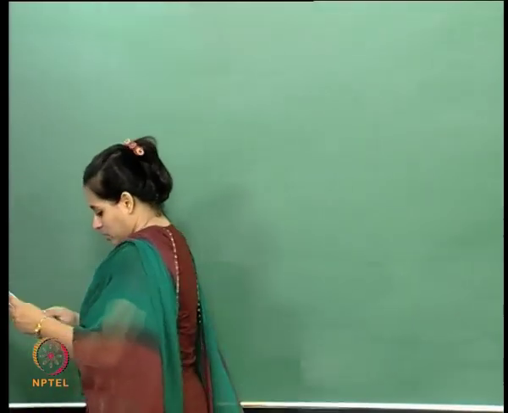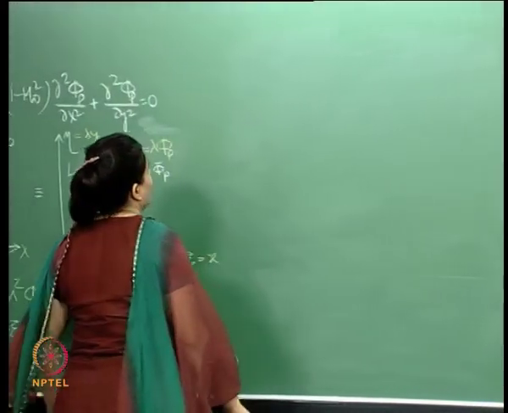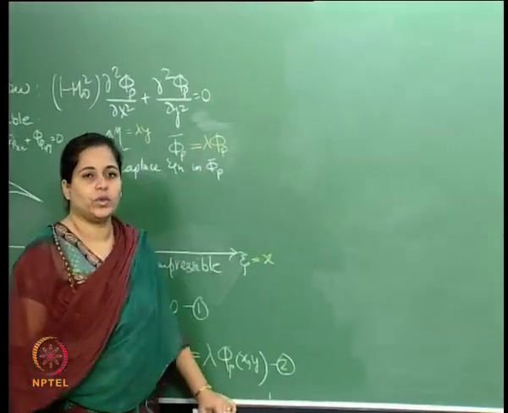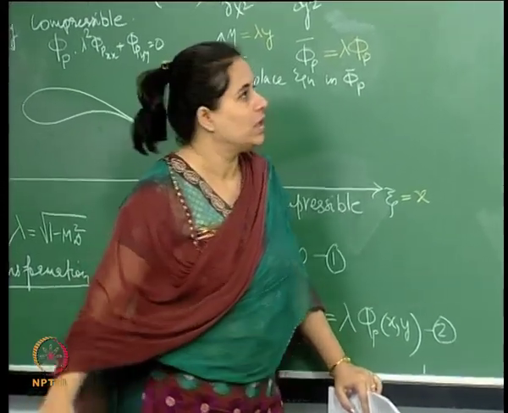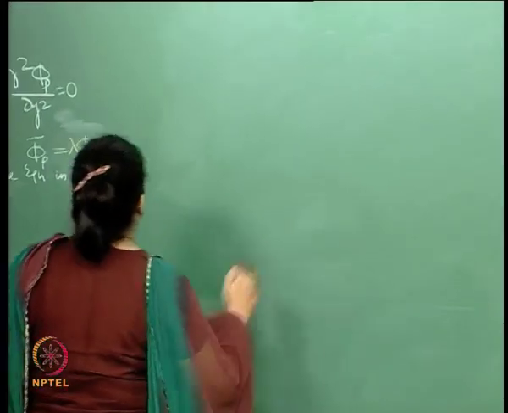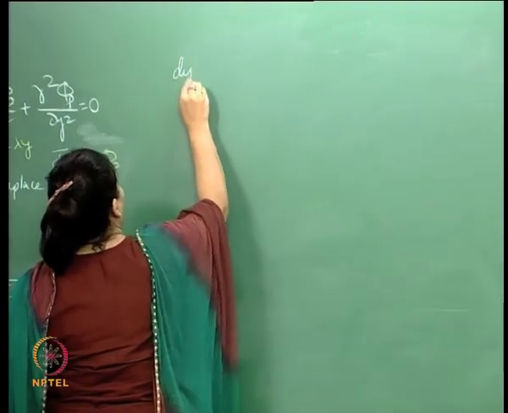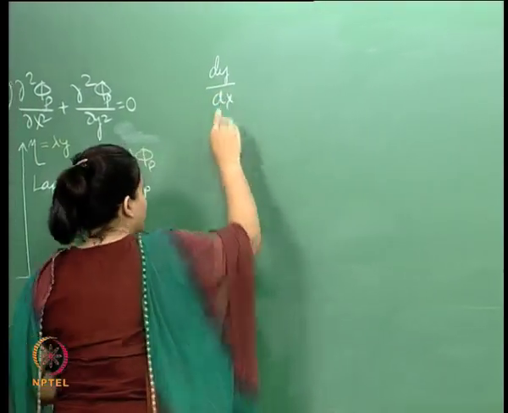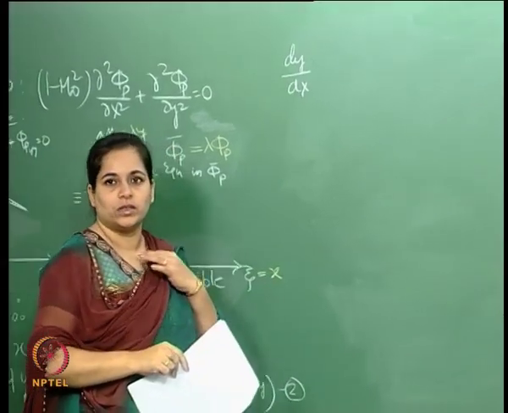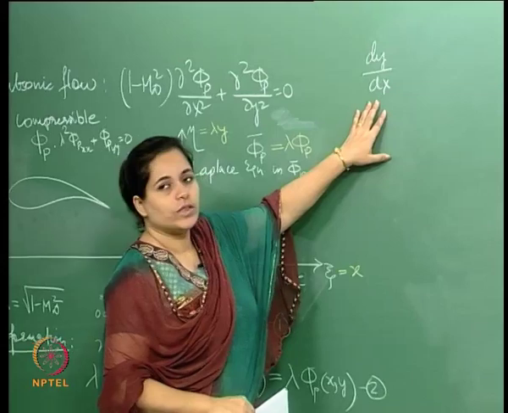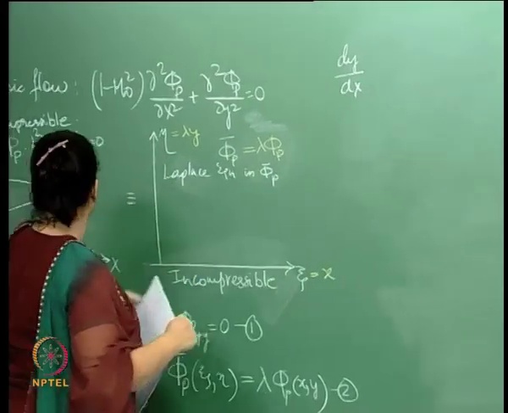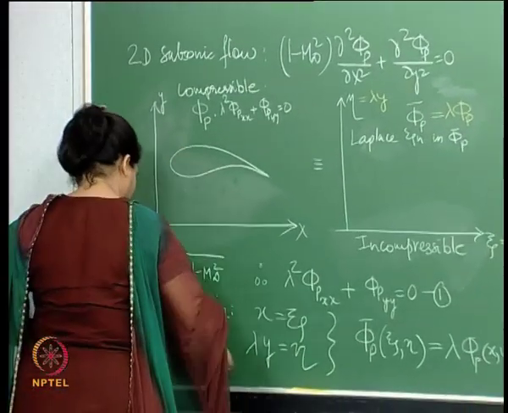Okay, so if you remember what we did in terms of the boundary conditions, right? So now dy by dx, this is in the xy coordinate system, the Cartesian coordinate system. This is the physical slope of the body here.